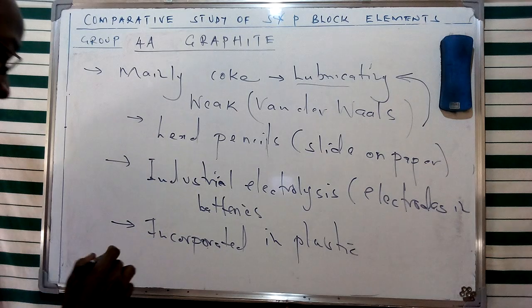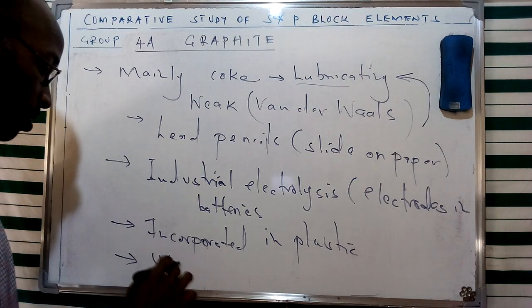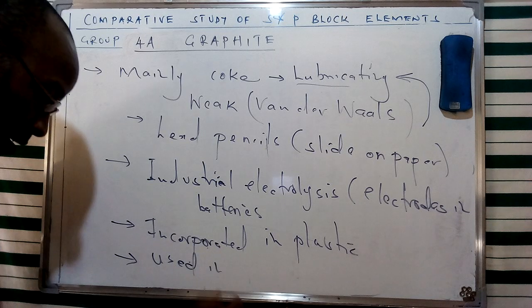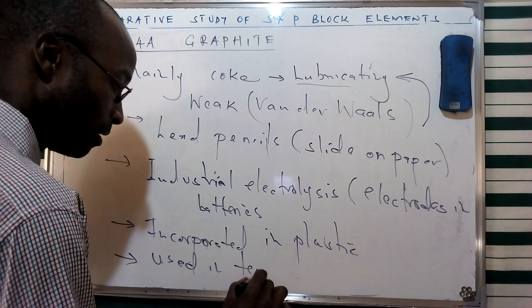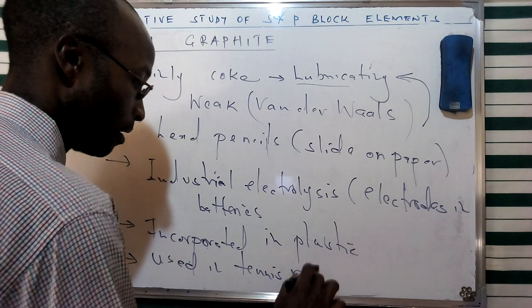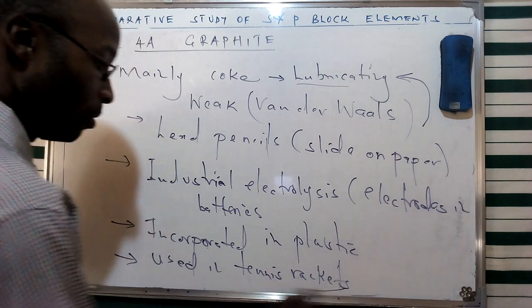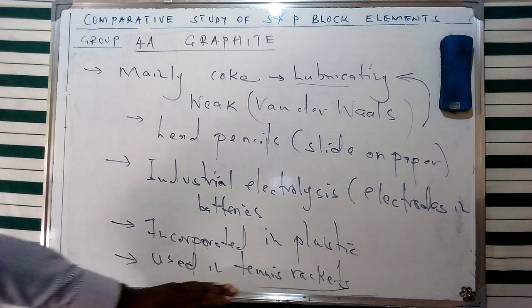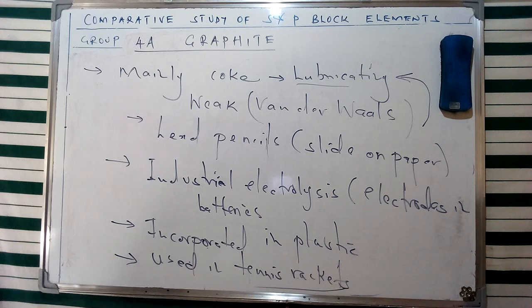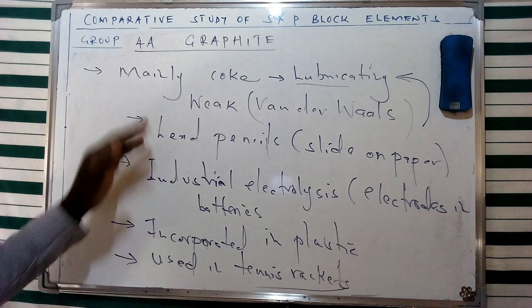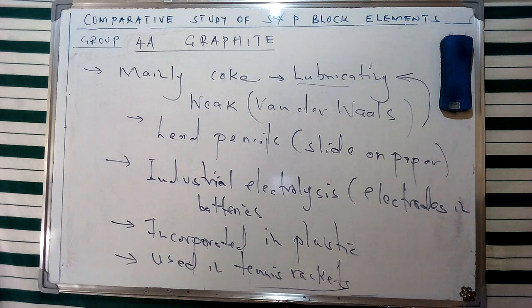It's also used in tennis rackets. Due to the impact required during their application, rackets need to be tough in nature, and therefore this specific element is used for them to meet the requirement.